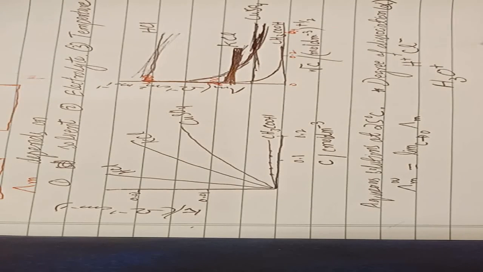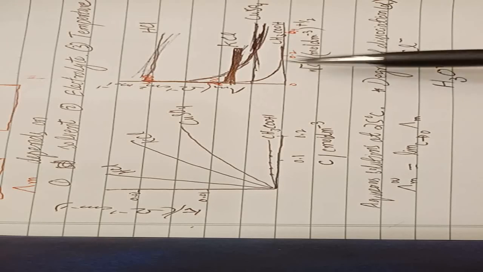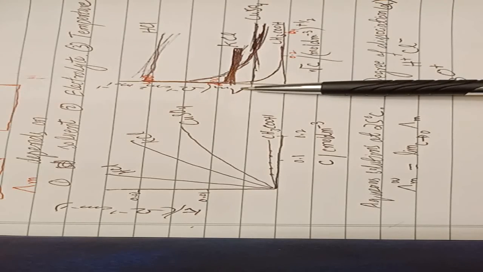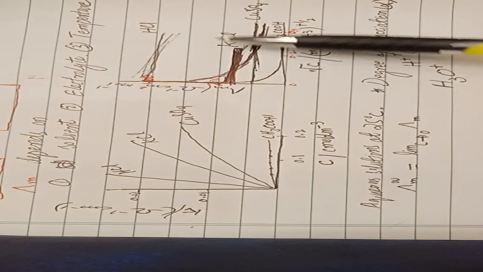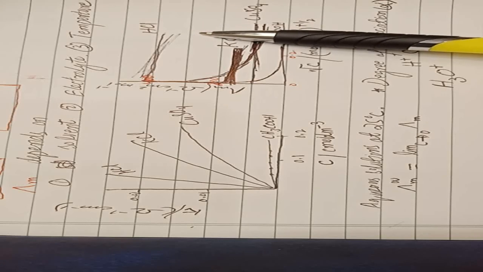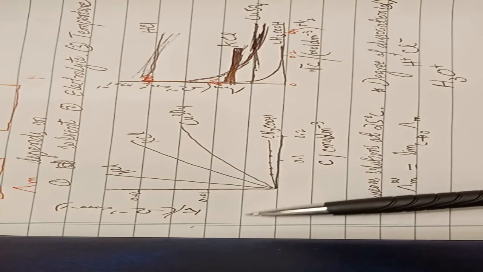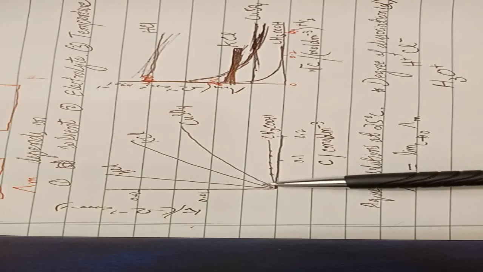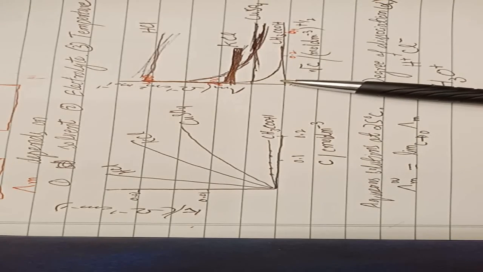It will be discussed in the next lecture. So for the electrolyte solution at higher concentration, the molar conductivity decreases with increasing concentration, whereas the conductivity increases with increase in concentration.